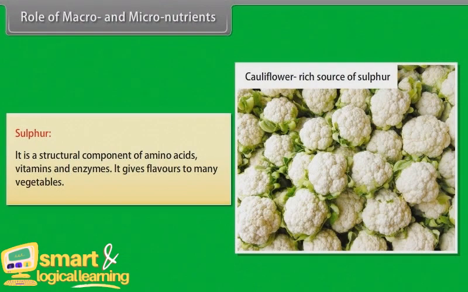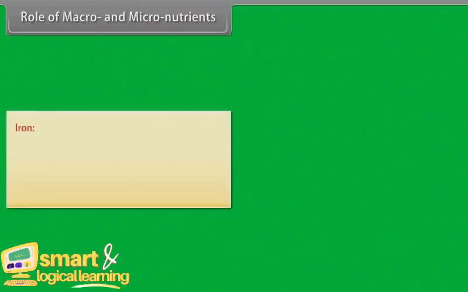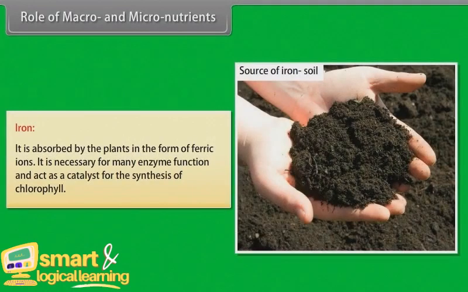It gives flavors to many vegetables. Iron. It is absorbed by the plants in the form of ferric ions. It is necessary for many enzyme functions and acts as a catalyst for the synthesis of chlorophyll.